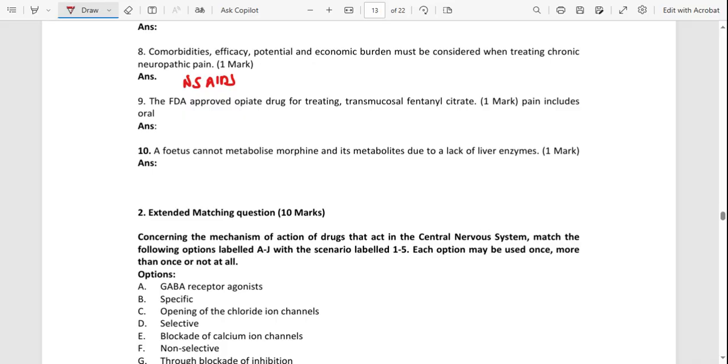The FDA-approved opioid drug for treating transmucosal fentanyl citrate pain includes oral dash.